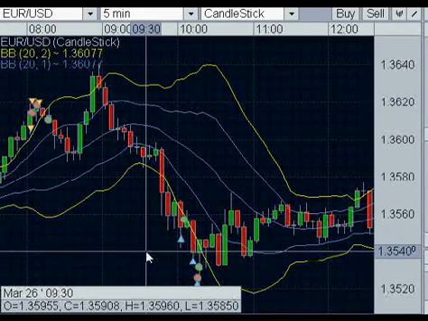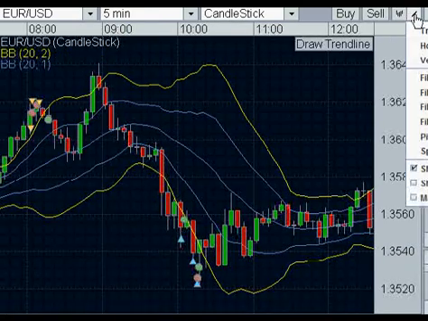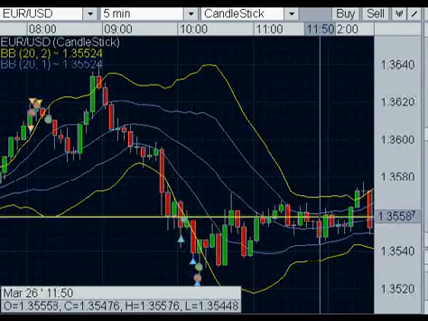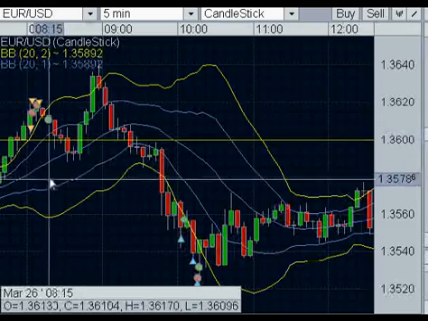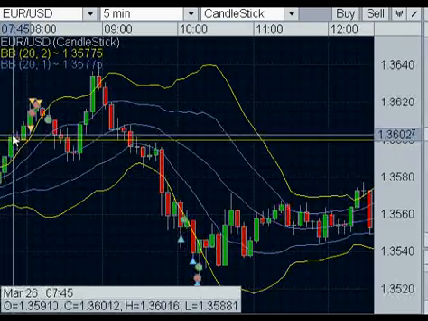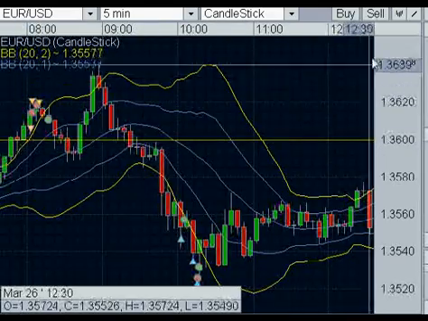One key exemption that we always do is that we never fade round numbers or 50 handle. Let me just show you. So for example, even if I get the setup but it's at the 36 handle, I will not be shorting this. I will wait until prices move through the 36 handle.